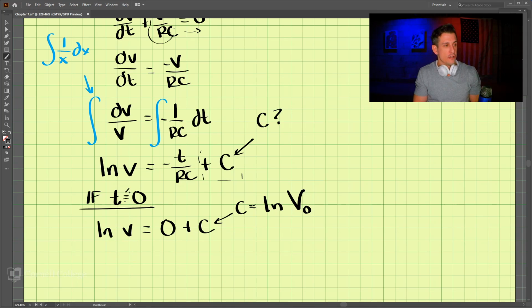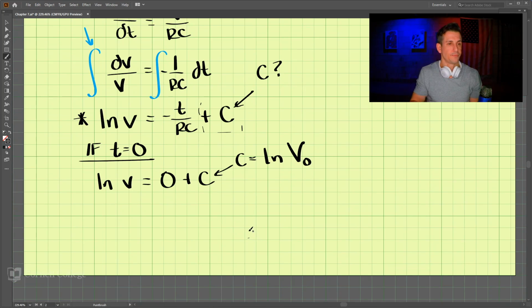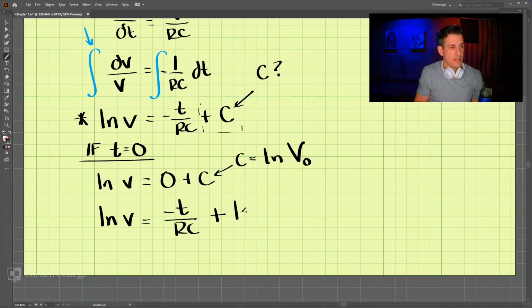So this equation then becomes, let's write this out: natural log of v equals negative t over RC plus the natural log of v naught.